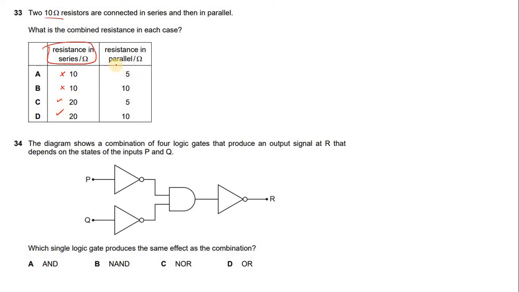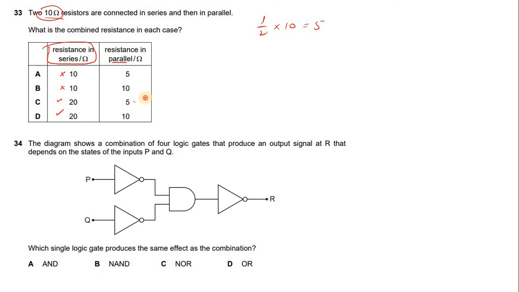Now let's go to the next column, parallel combination. Two equal resistors in parallel. So the combined resistance is half of the individual one. So half of the 10, which is 5. This is always the situation. If you have two equal resistors in parallel, then the combined resistance will be half of the resistor.